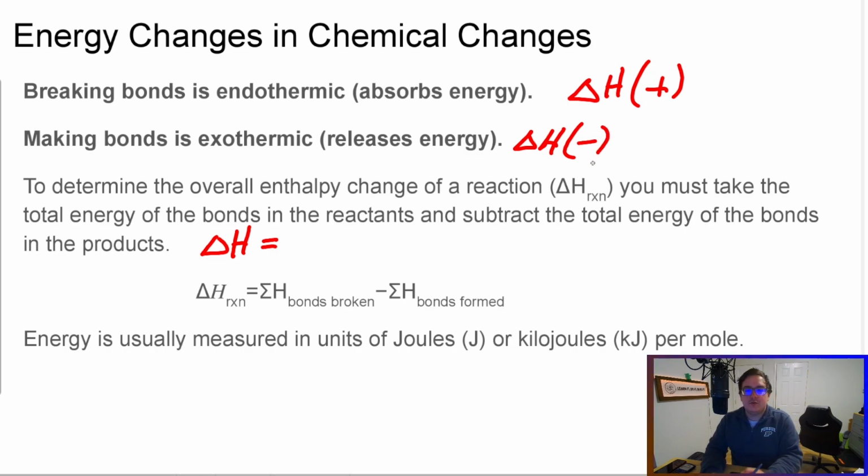If delta H, or the change in enthalpy, is negative, it releases energy. It's exothermic. So let's put this in terms of reading this equation right here.